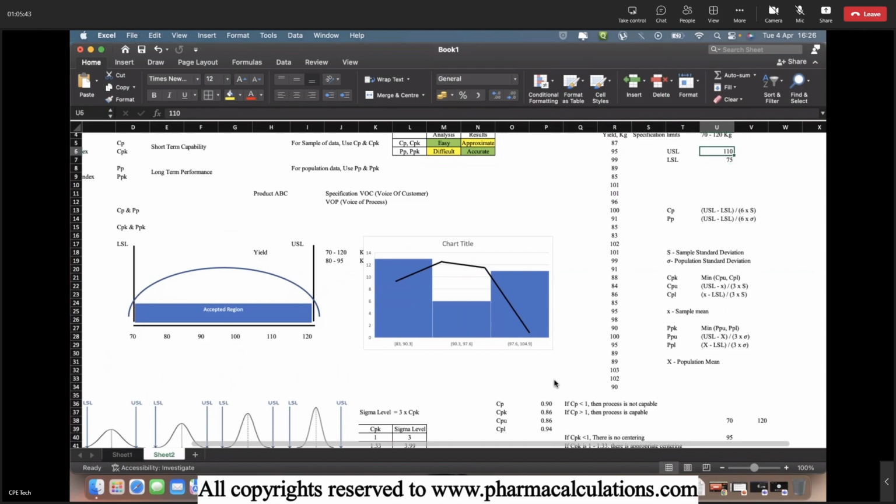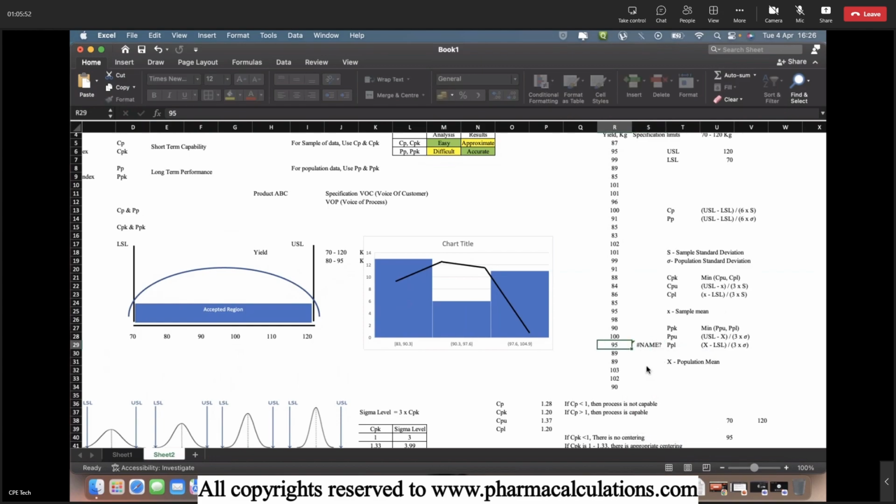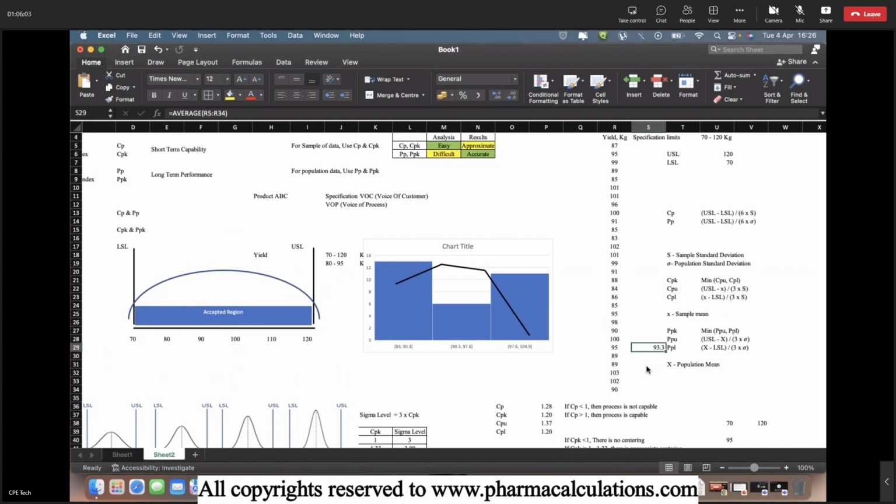Things are going better. Let's find the average of the data points first. So it is around 93.3. So what I'm going to do is take 93.3 plus or minus around 25.